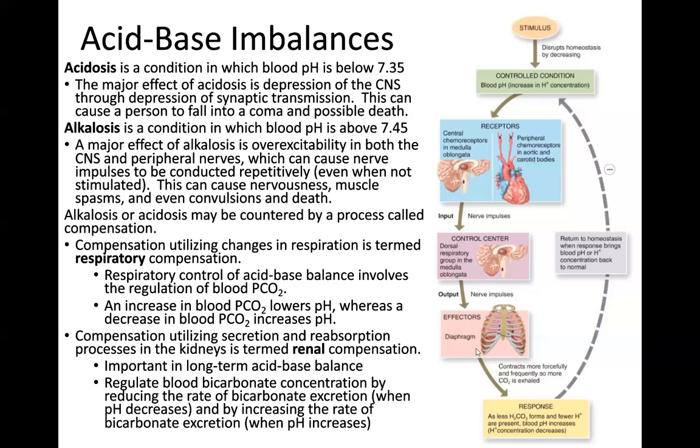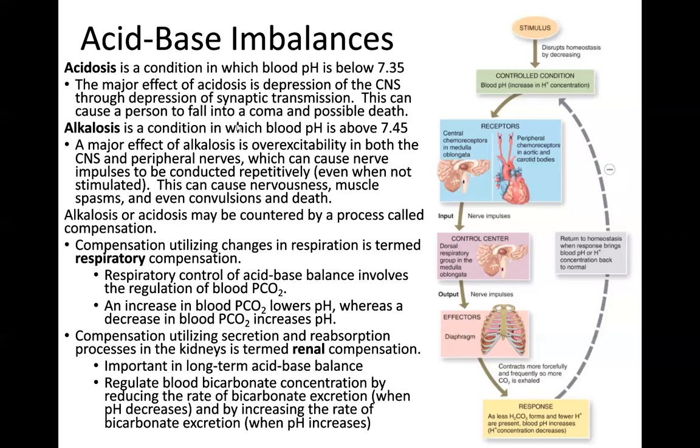As a result, output signals travel to your diaphragm and other respiratory muscles, and we contract them more forcefully and more frequently. So we breathe more often and more deeply, we blow off more CO2, which brings us back into homeostasis in a negative feedback manner.